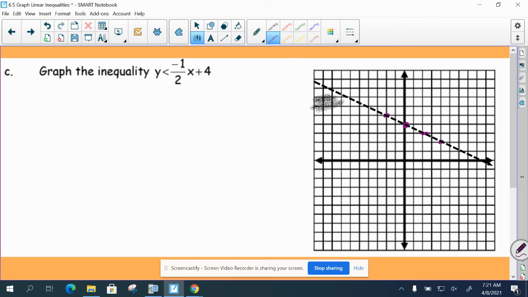I'm going to shade all of this, everything below. So it's not just the line you need to do, but also the shading. In Edulastic, there's a special way to do the shading, so you'll do that when you get there tomorrow.